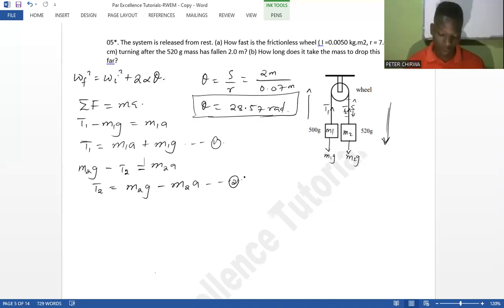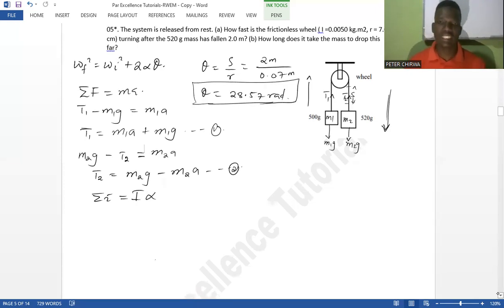So now we know that torque is given by moment of inertia times angular acceleration. Now notice that we have two tensions here, tension 1 and tension 2. These two tensions are going to cause torque 1 and torque 2.